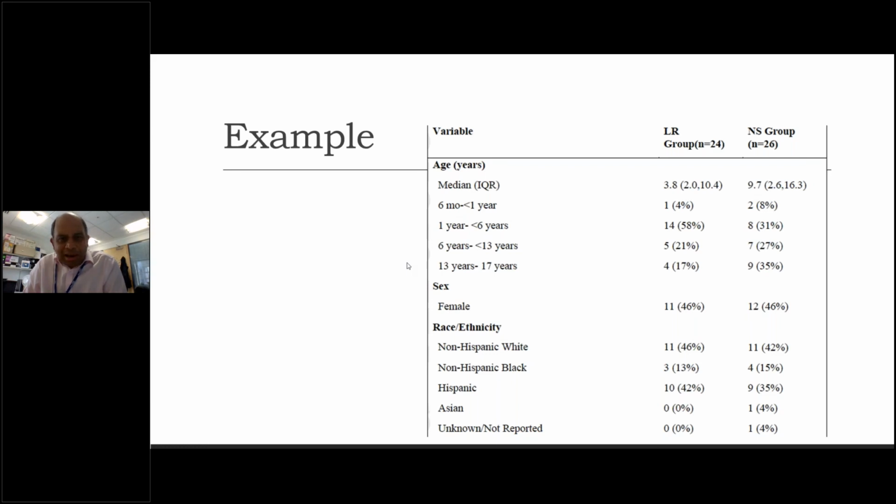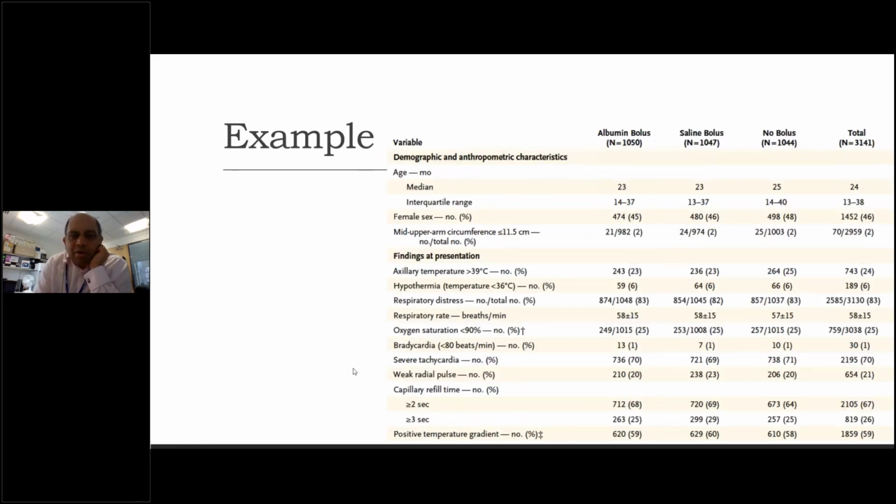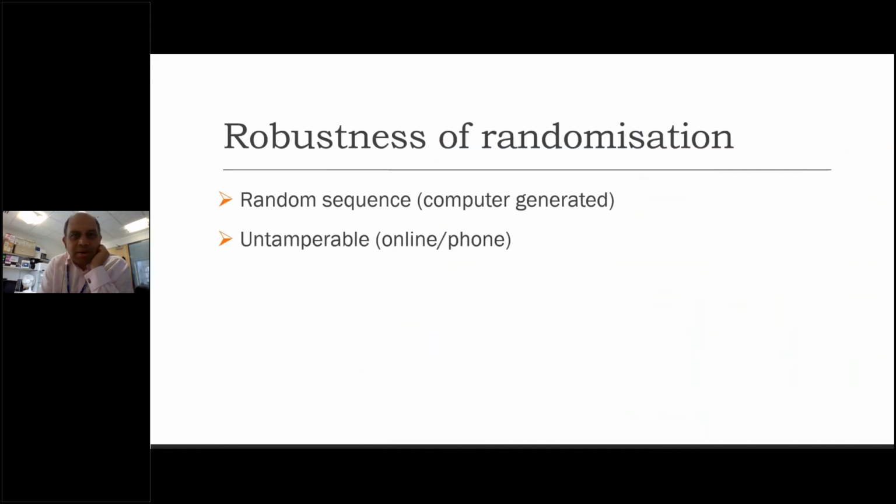The sex is well balanced, 46% females, but the age is not well balanced. But when you randomize thousands of patients, like you do in FEAST, which you saw earlier, you get almost magically equal balanced groups. Everything seems pretty much comparable between these groups. And that's the whole point and the purpose of randomization.